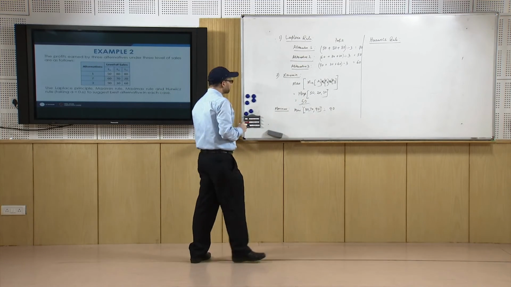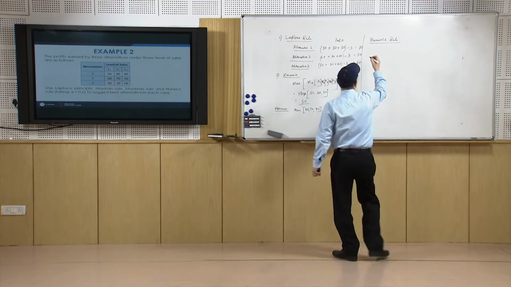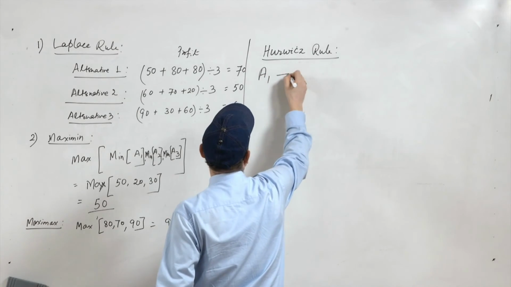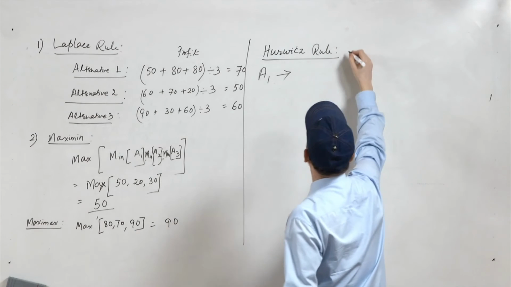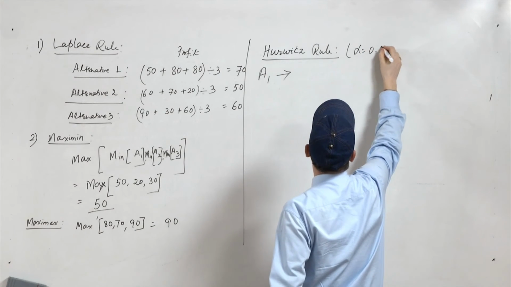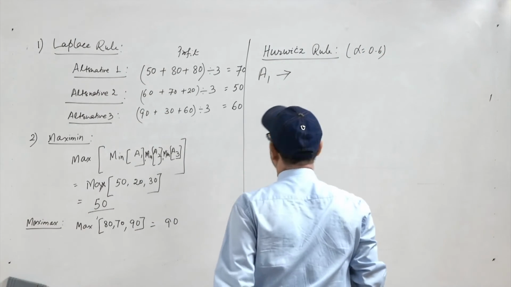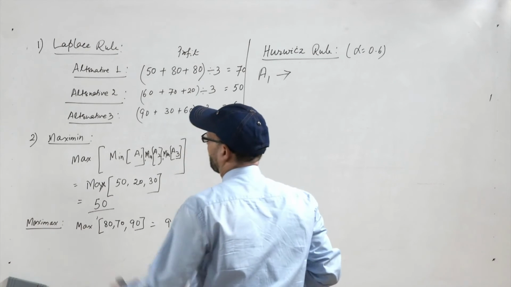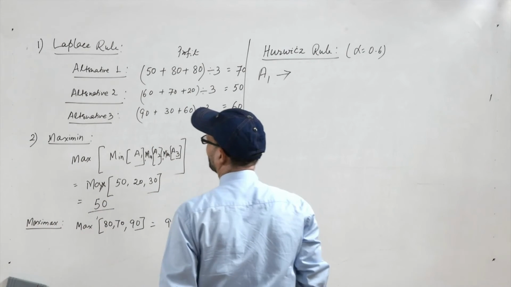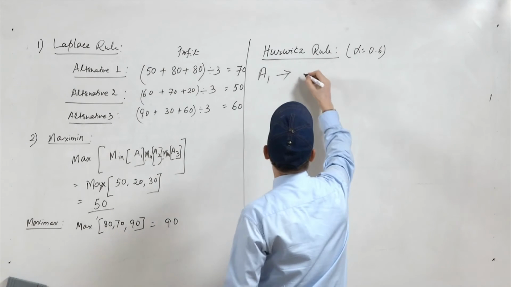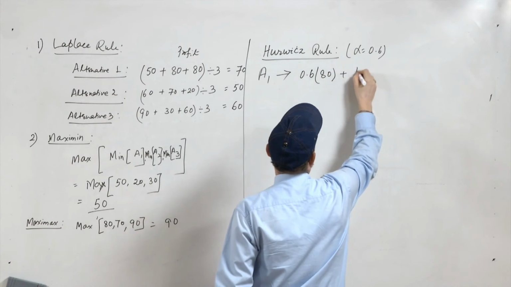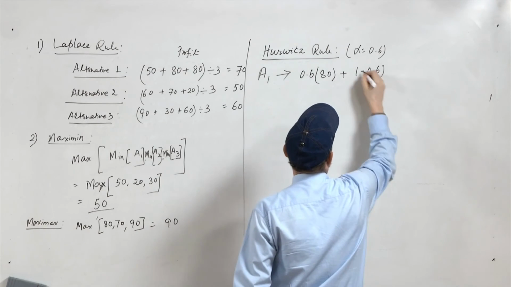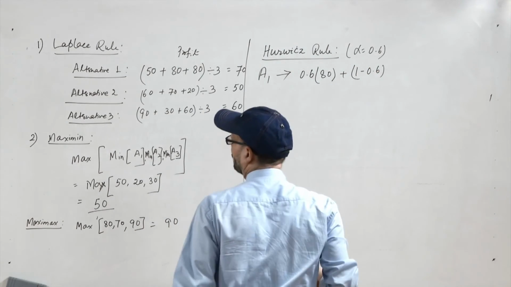So, for alternative 1, alpha is given as 0.6. The maximum value is 80. So, it will be 0.6 multiplied by 80 plus 1 minus 0.6 multiplied by the minimum value, that is 50.